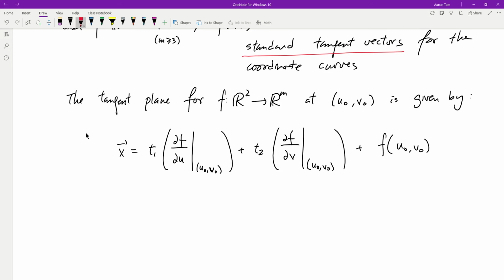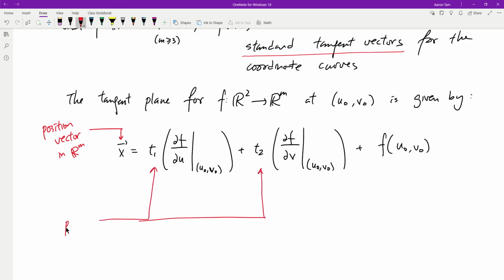So in this expression right here, obviously this vector x is our variable vector in Rm, because our function maps into Rm. Our t1 and t2 are going to be our parameters. df over dv and df over du are our vector partial derivatives.